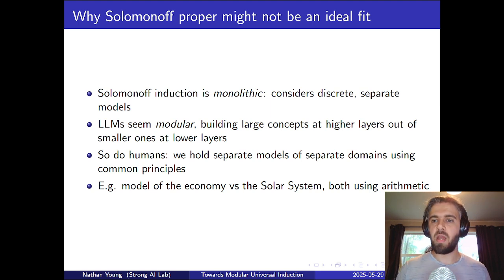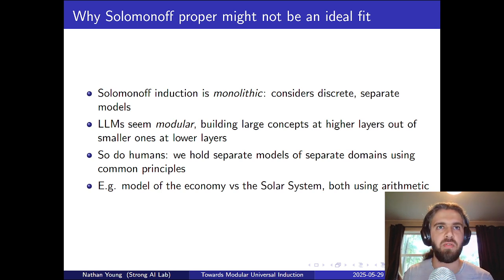Lower neurons will activate on simple patterns like repetition or capital letters or numbers or things like that, and then neurons on a higher layer will combine those, and then on a higher layer will combine those, and they'll slowly build up these larger concepts into larger things like particular ways of programming particular functions, or formal language versus informal language, things that are hard to express simply but can be made up of smaller concepts.